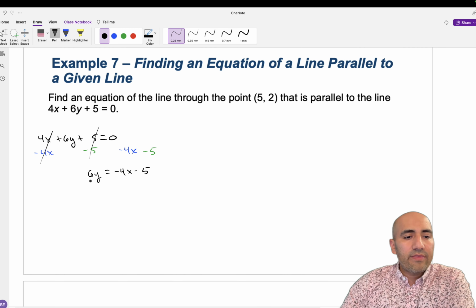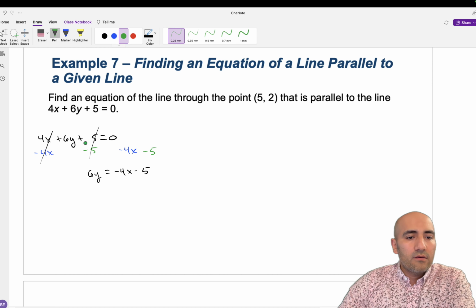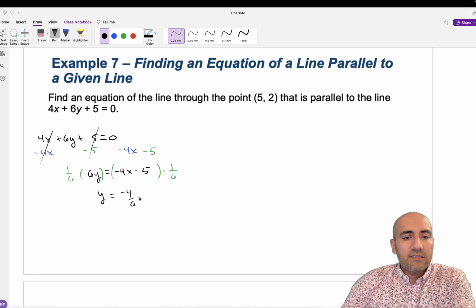Then I'm going to multiply everything by 1/6. That will solve for y. So y equals negative 4 divided by 6 x minus 5 over 6. This fraction does not reduce, but this one does. So y equals negative 2/3 x minus 5 over 6.